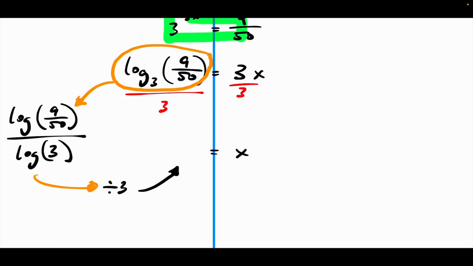Okay, so when I go to my calculator, try this with me. If you have your phone out handy and you got the Desmos app, or go to desmos.com, try this with me. The first thing we're going to do is this fraction first. Log of 9 over 50 over log of 3.